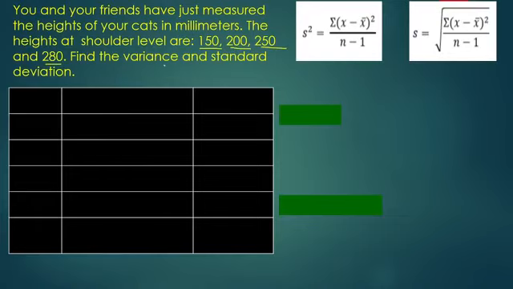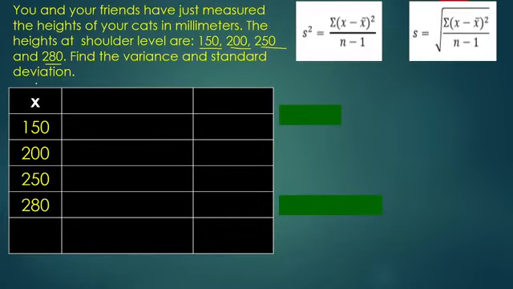Find the variance and the standard deviation. So what you are going to do here is simply write the x's in the first column. So in my case, I'm going to arrange this in increasing order. I'm going to start with what number? 150. Then next to 150 is 200. After 200, 250. After 250, 280.